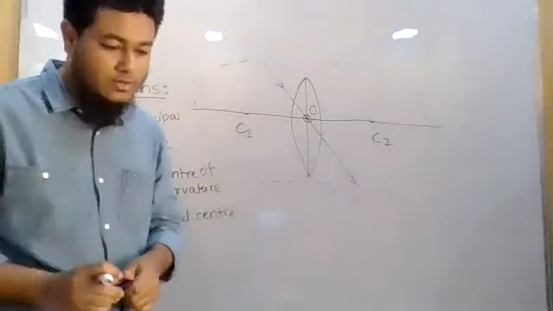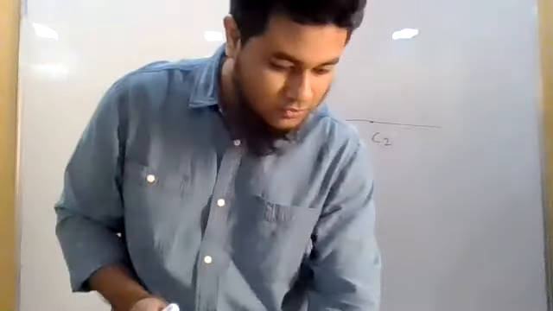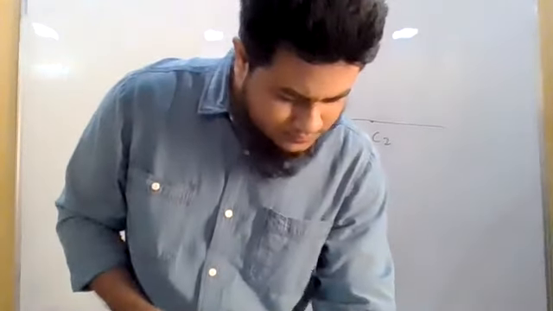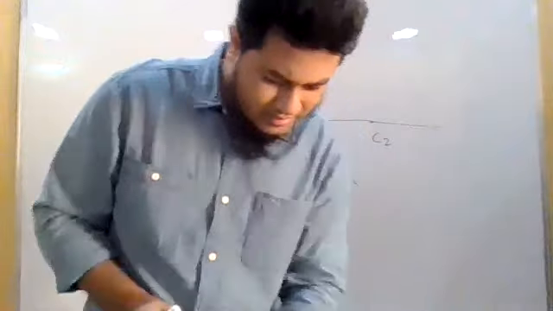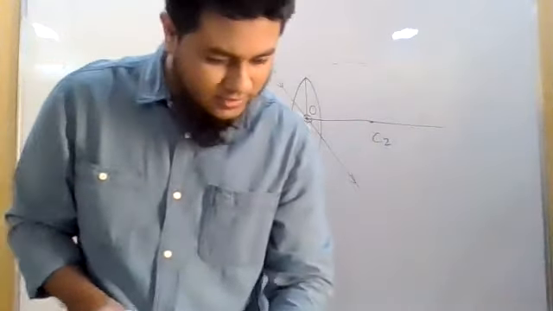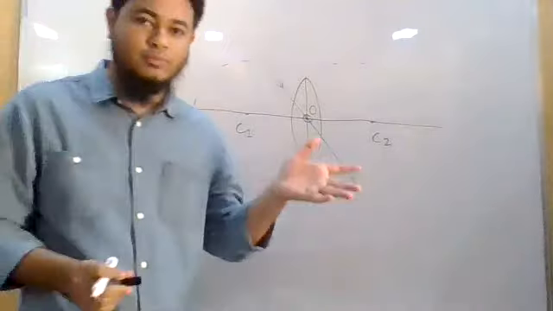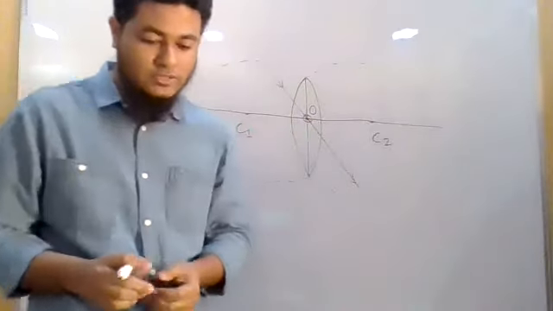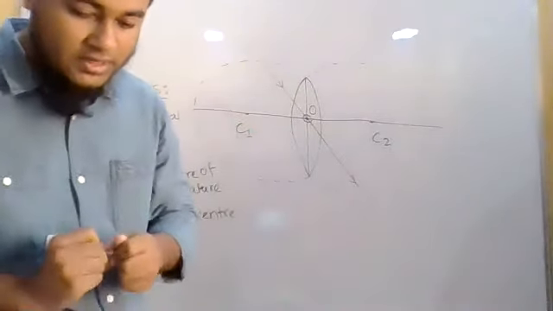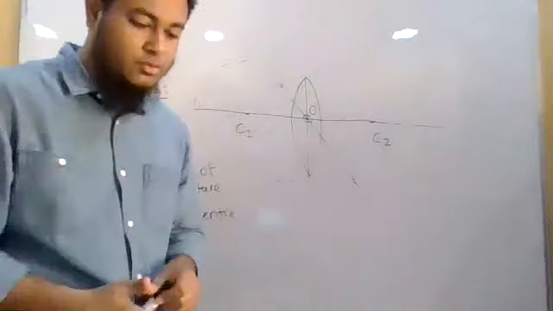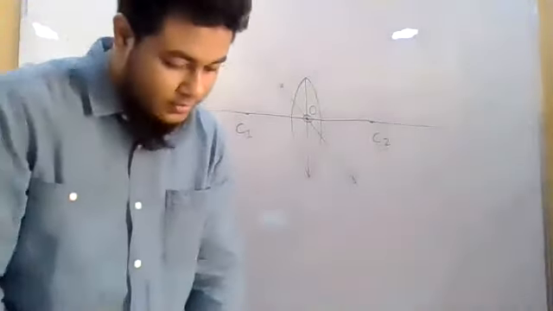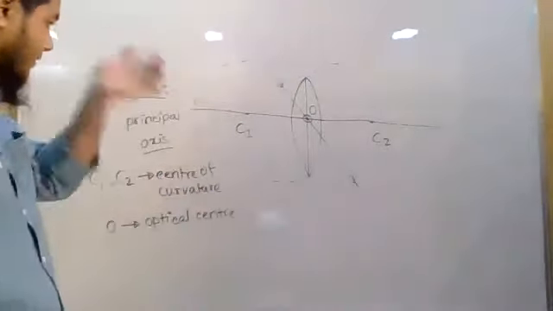I will read out the definitions for you. Actually, better if I send you a picture of this page, right? Because the definitions I'm saying are from the previous book. So I will send you the picture of this definition because I found that in your current book these are not properly written. Anyway, so this is the optical center.